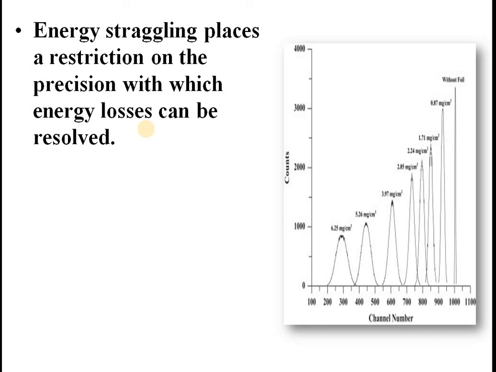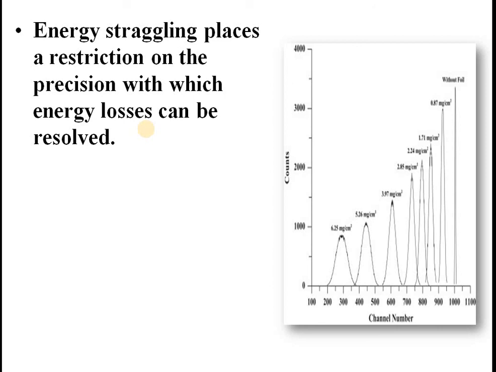Due to energy straggling, some error may enter this measurement, and that leads to an error in the prediction of the target atom. Suppose instead of carbon, you may predict nitrogen, or instead of carbon, oxygen. That kind of error has to be minimized or eliminated by accounting for energy straggling.